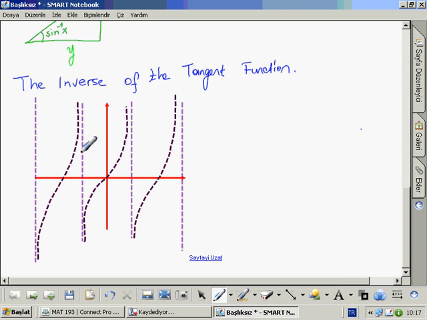We know that this point is minus pi over 2, and this is plus pi over 2.